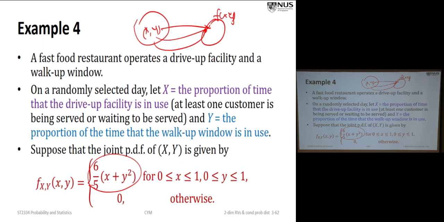Why? Because x is bigger than 0 and y is bigger than 0, so x plus y squared is bigger or equal to 0. Therefore the whole f of xy is bigger or equal to 0, no matter what your x and y are. But that's another thing you're supposed to be aware of or to check.